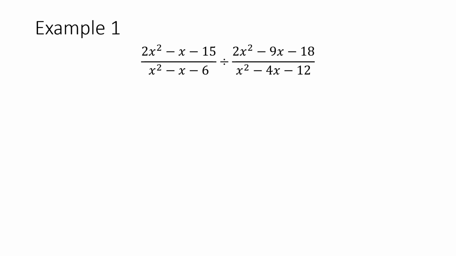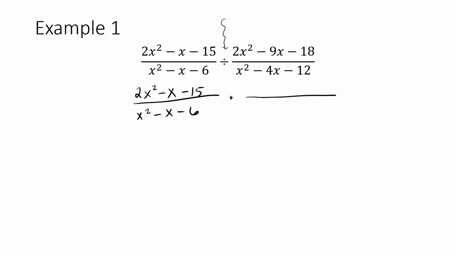I see some leading coefficients. So first thing we're going to do is take that division and we're going to rewrite this problem as a multiplication problem. So 2x squared minus x minus 15 over x squared minus x minus 6. And then it's going to become multiplication by the reciprocal.